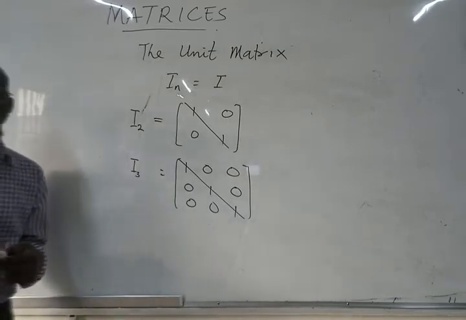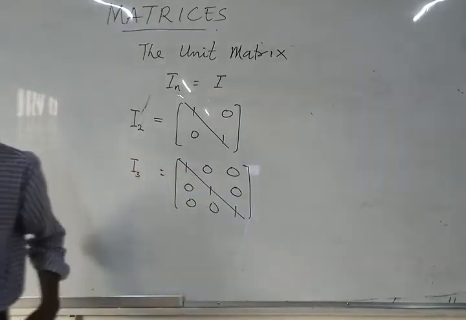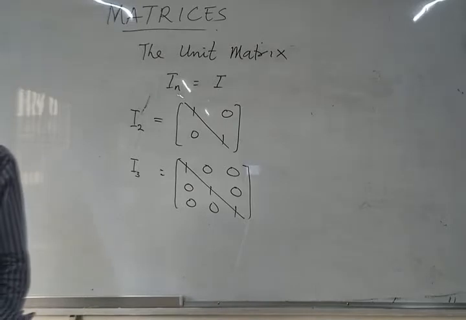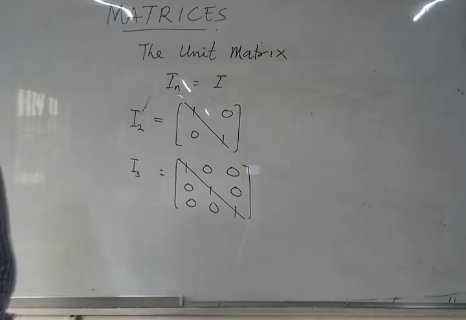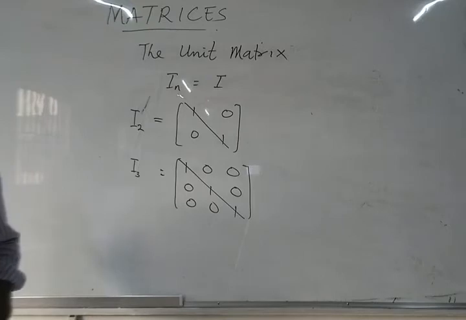This is also a unit matrix, because the diagonal elements are units, or we could call it an identity matrix. In this case, they are all square matrices.